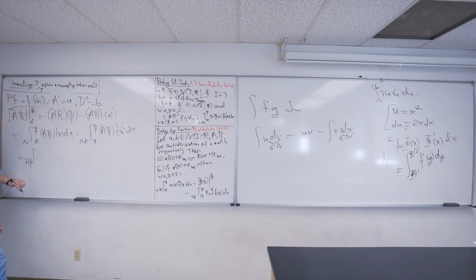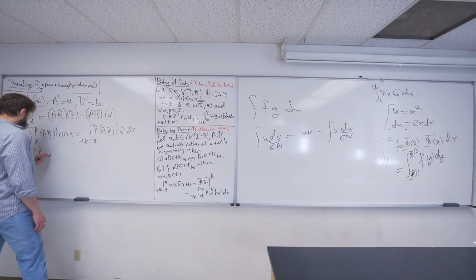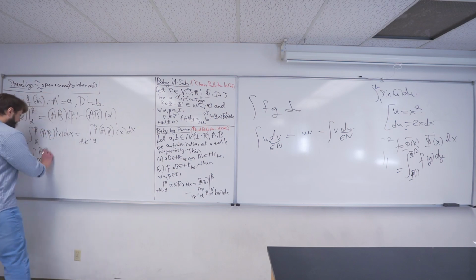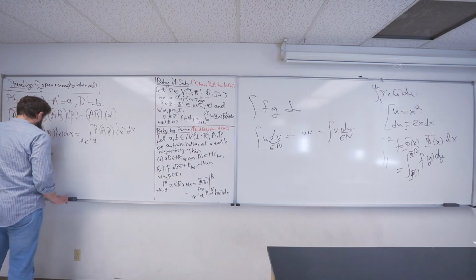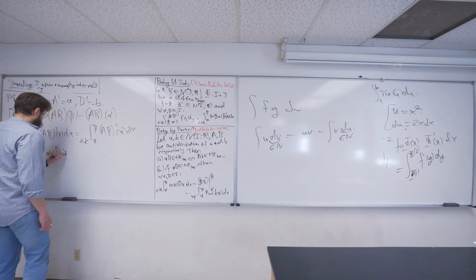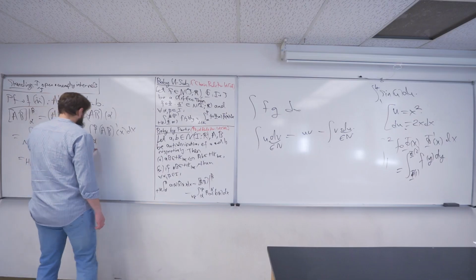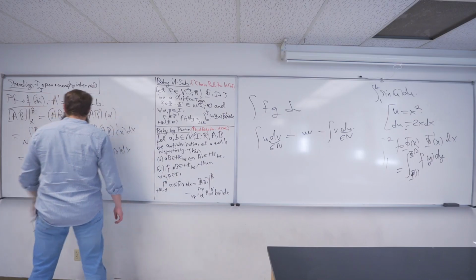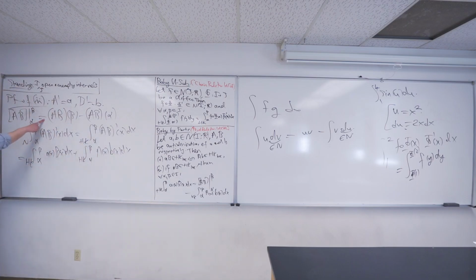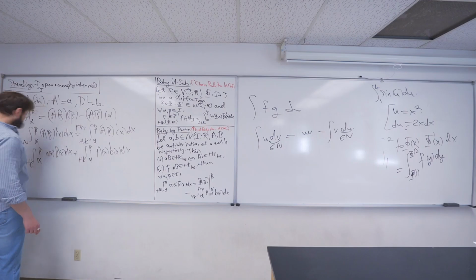Because I know that I can distribute integrals over sums of functions. I'll write it like this. This is by definition, this is by definition, this is FTC1, this is product rule.